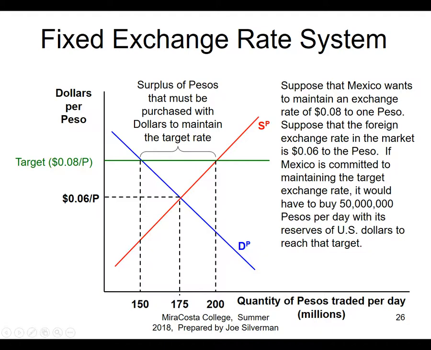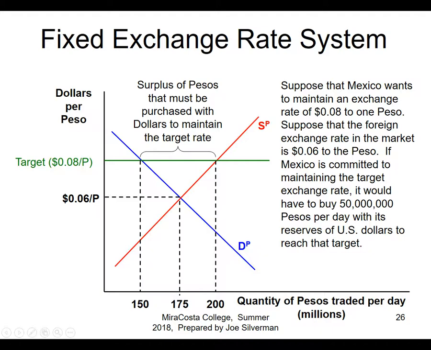This could be an underground market, or it could be the exchange rate in an offshore market, let's say, maybe not in Mexico, but maybe in the United States, or maybe in a third country. In some market, we're saying that the exchange rate between the peso and the dollar is 6 US cents buys 1 peso, but the Mexican government is saying that the target exchange rate is 8 US cents buys 1 peso. So they're overvaluing the peso relative to the dollar.